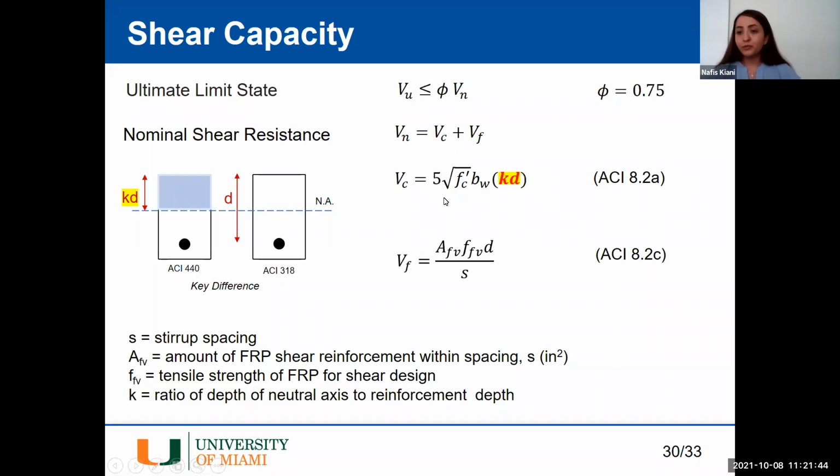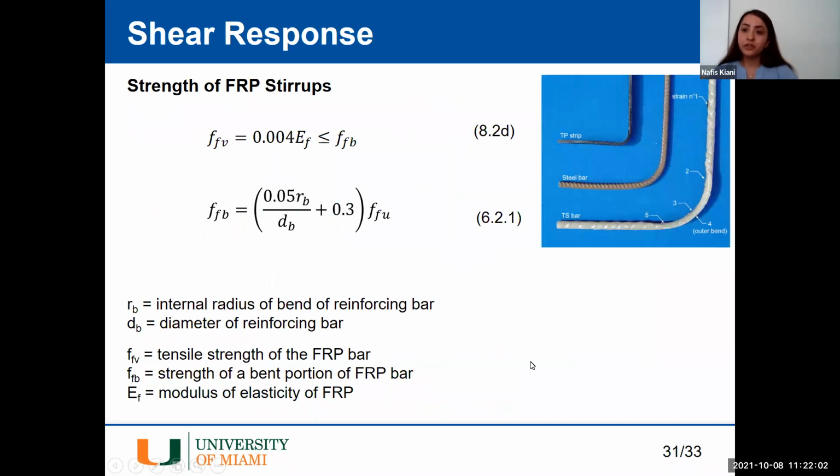It means that the contribution of the concrete is reduced, and also the contribution of the shear reinforcement is reduced for the FRP, because the VF equation depends on the tensile strength of the FRP for shear design. The tensile strength of the FRP for shear design depends on the modulus of elasticity, which, as I said, is lower for FRP bars, so it's reduced.